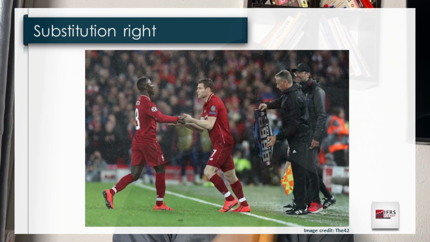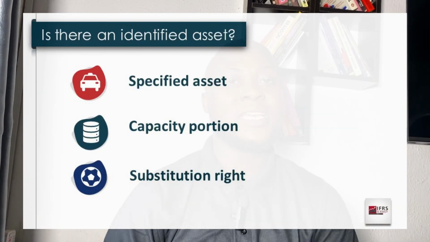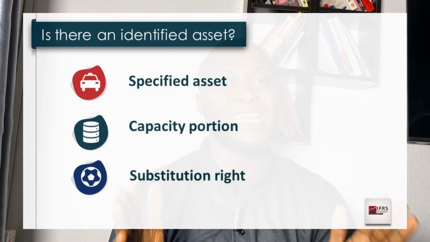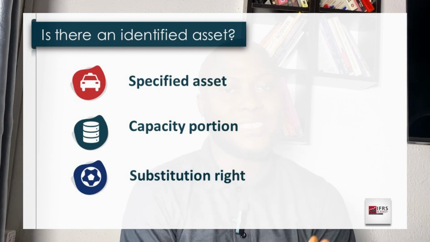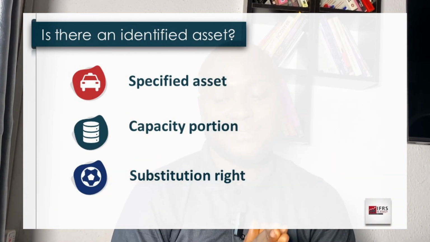So basically, if you run through those three, the first item is that you have to have a specified asset. The second one is that even if it's not the whole building, even if it is a portion of something, if it's physically distinct, that portion must be clearly stated. If it's not physically distinct, then you have to have a substantial portion of the non-physically distinct asset before you can say you have an identified asset.